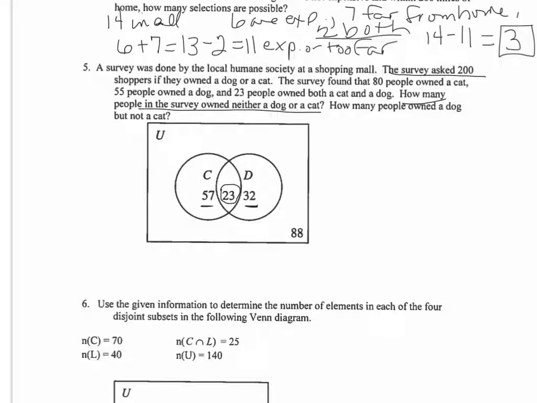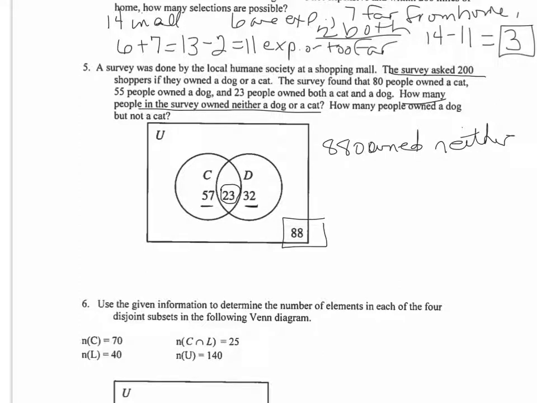Well, wouldn't that have to be everybody that's outside the circle that's C or the circle that's D? Absolutely. So this right here is going to be the number of people who owned neither. So that's the first question.